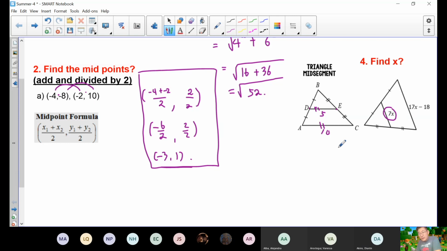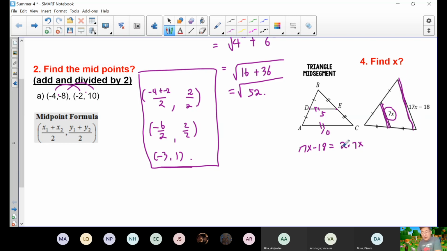So when you have a mid-segment, this one is half of this. How we create the equation is this: 17x minus 18 is equal to not the same as 7x, but 2 times 7x, because this line is half of this, so this line is double that one.